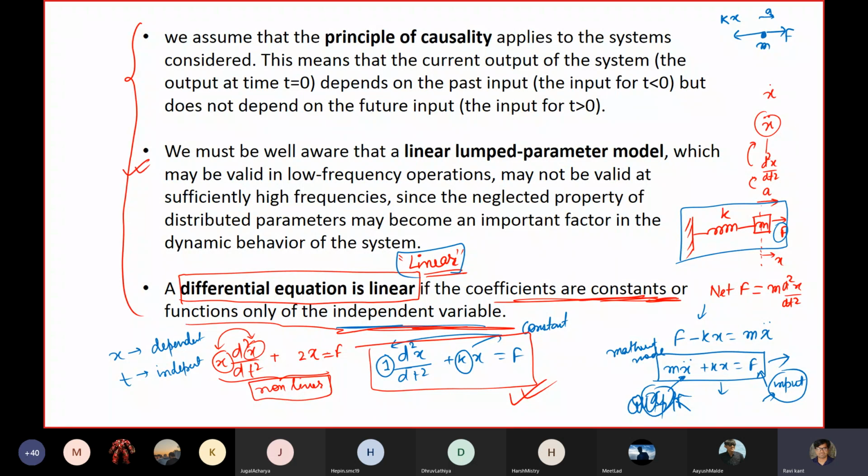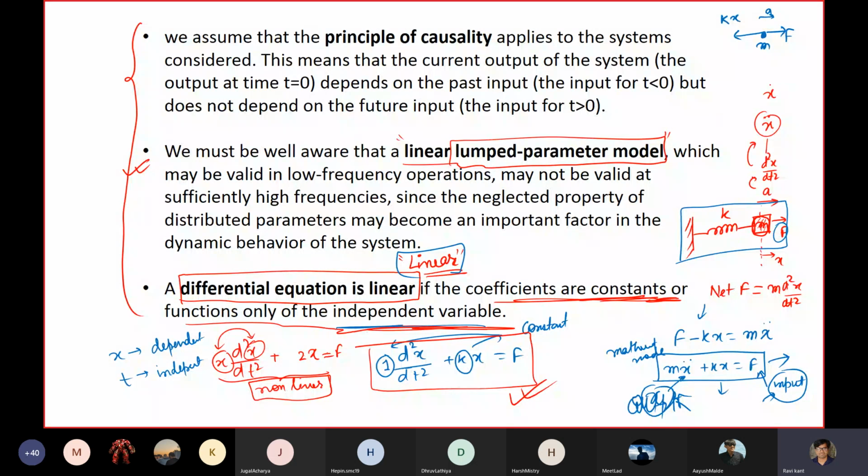The next assumption I will take in this whole course is that I am going to take up things as a linear lumped parameter model. So what do you mean by lumped? What I believe is that this mass attached to the spring is a point mass.